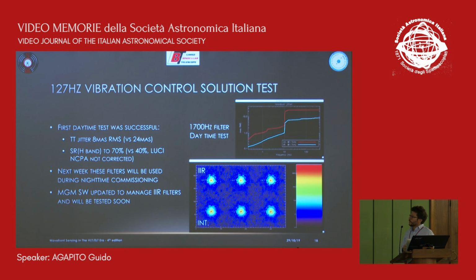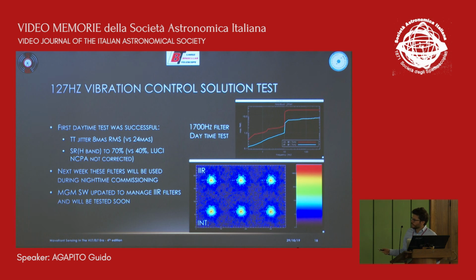A few days ago, we did some daytime tests. They were successful. We are able to reduce the total jitter by a factor 3 in RMS, and we are able to go back to a very good Strehl ratio.